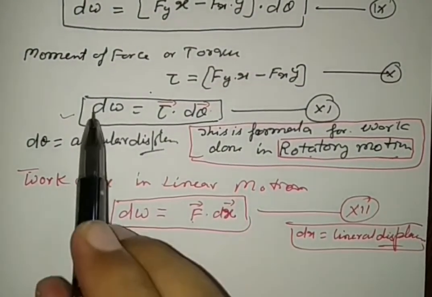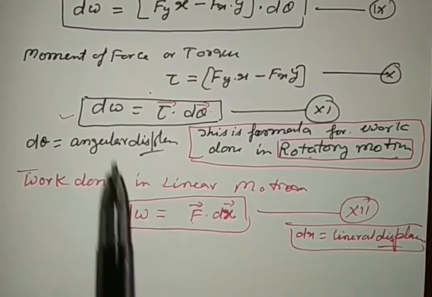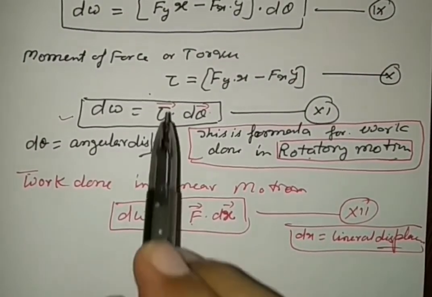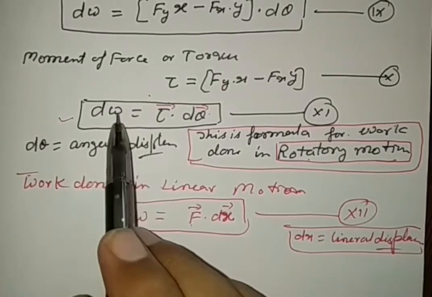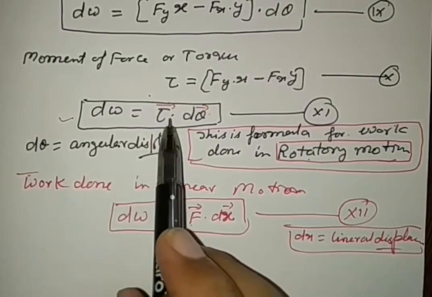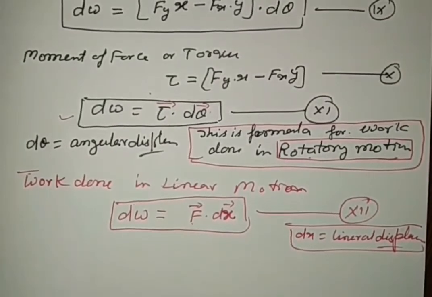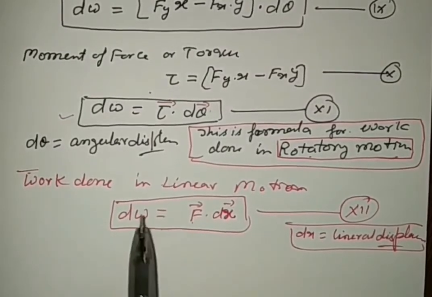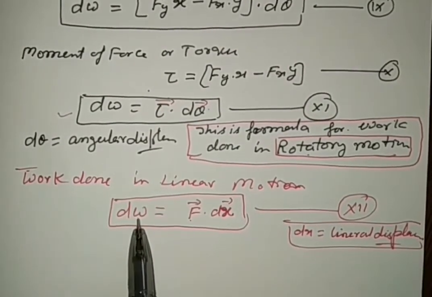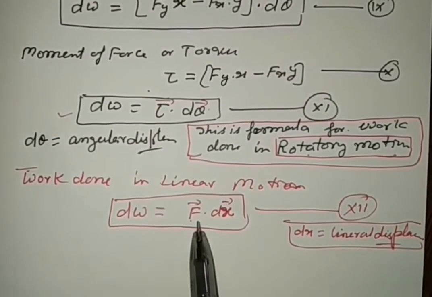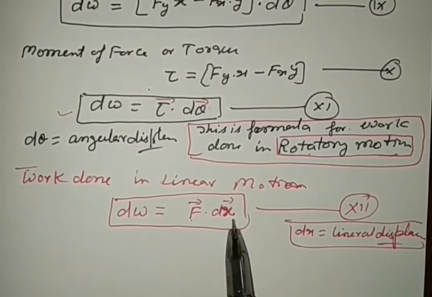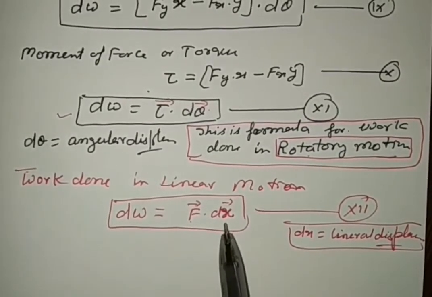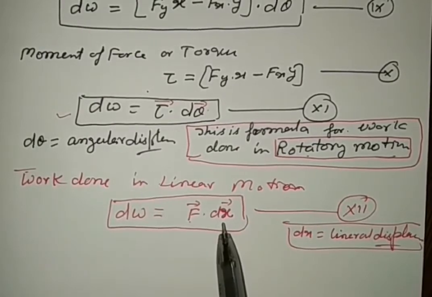So both are work done, both are in the same unit. In rotatory motion, work done is defined as the dot product of torque and angular displacement, whereas in linear motion, work done is defined as the dot product of force and displacement. Is it clear to everybody?